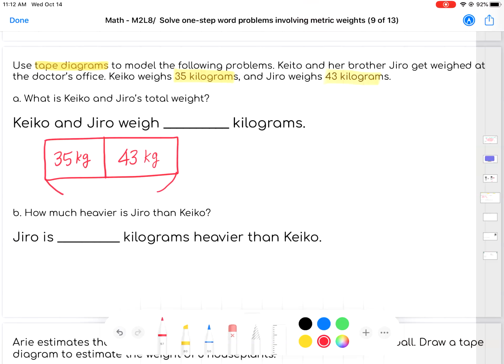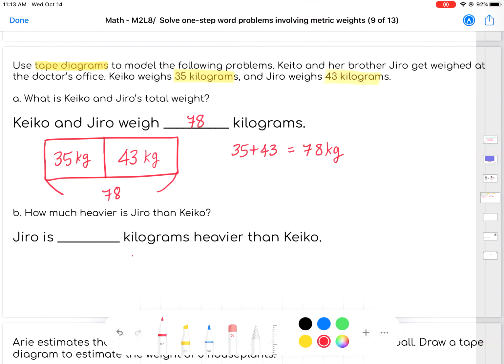And I'm wondering the total weight of those two. And then when we add 35 with 43, we get 78. And don't forget your units. And that's how we used the tape diagram to solve these questions.